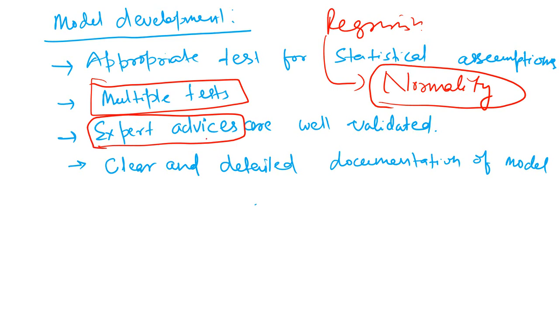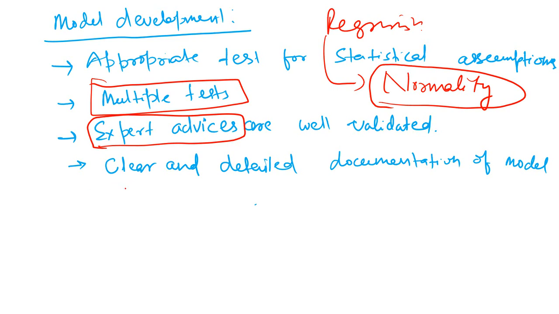But this advice does not have a reference, and it should be validated and well documented, so that at a later point in time, any issue with this expert advice, which may not be in congruence with the theoretical models, can be discussed.